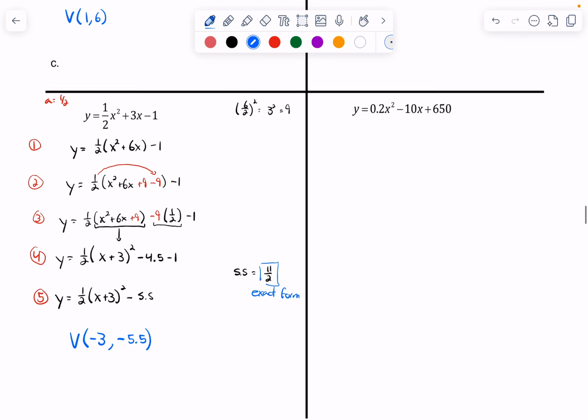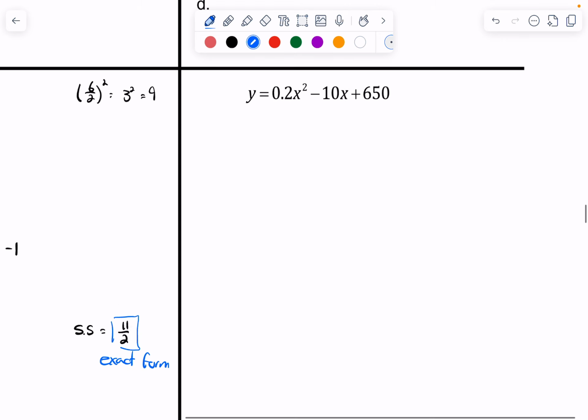Alrighty. So, same process. Start by factoring out your a. All right, we have a decimal here. So we're going to take 0.2 out, x squared. How many times can 0.2 go into 10?